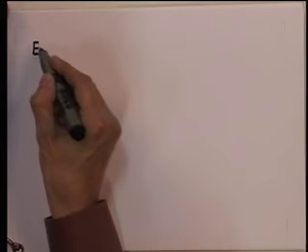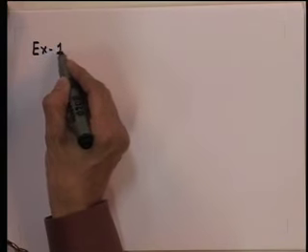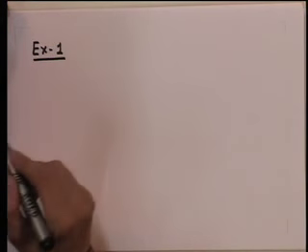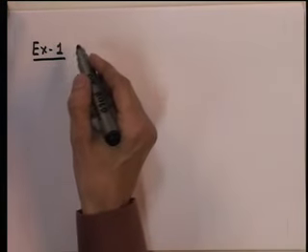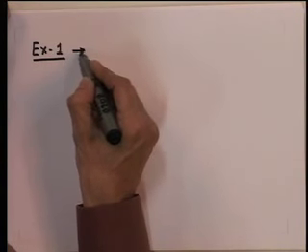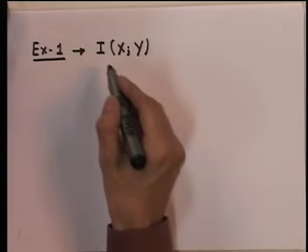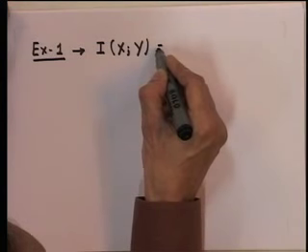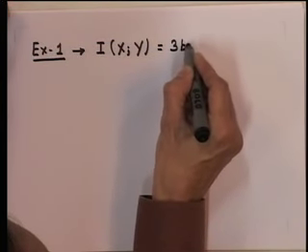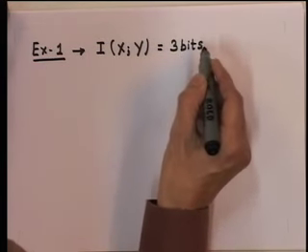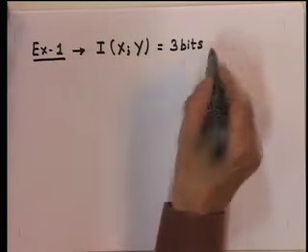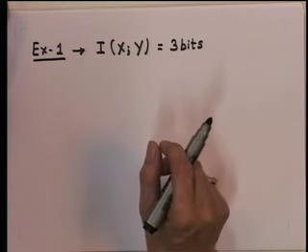So, if we consider example 1, which we had discussed in the previous class, we calculated the average mutual information to be 3 bits, which is what we set the rate to be.